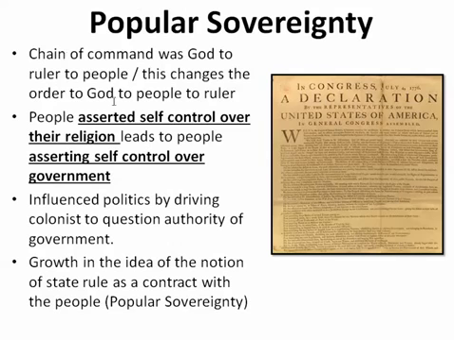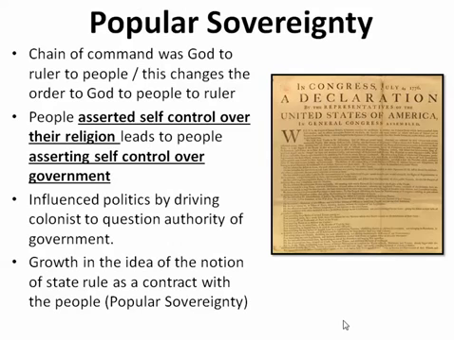God was the ruler of the people. These changes in order between God and the people are going to change as we go forward, and we're going to look at that in a second. So people asserted their self-control over their religion in the Great Awakening. This religious revival took this stagnant, boring control of people's religion and faith and their idea of redemption from the church and turned it over to the people, and they asserted self-control over it.